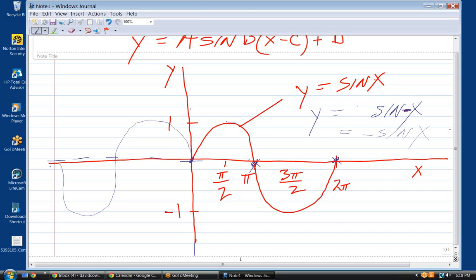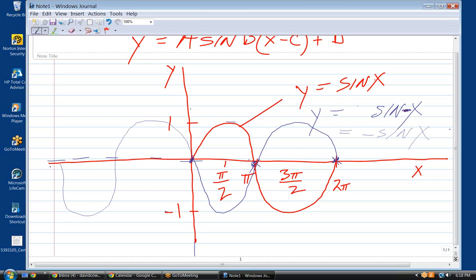So it should look just like a reflection over the x-axis. And it does. Notice that if I take this one period that I drew and continue it on, it becomes indistinguishable from the sine curve reflected over the x-axis.